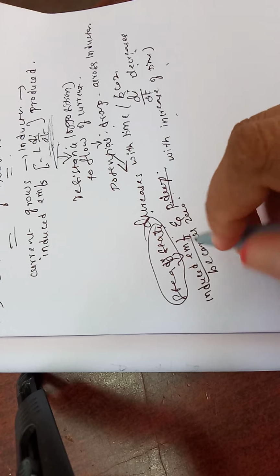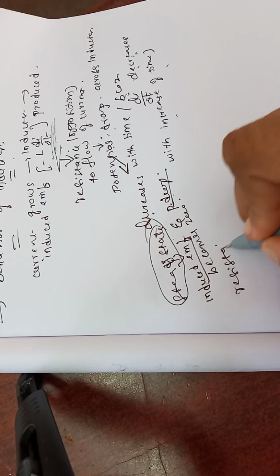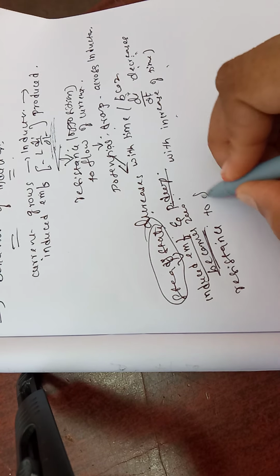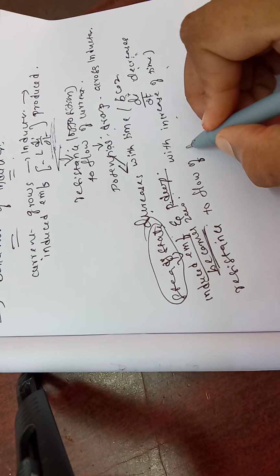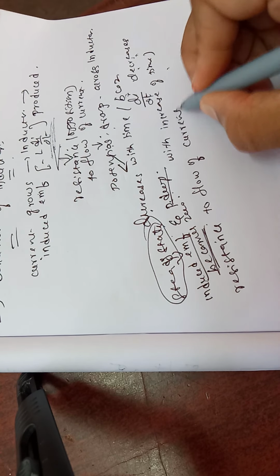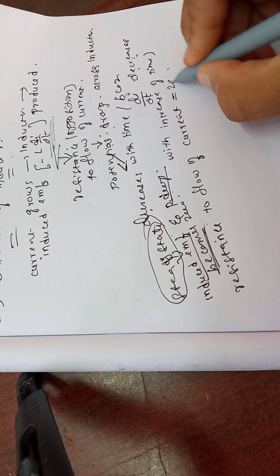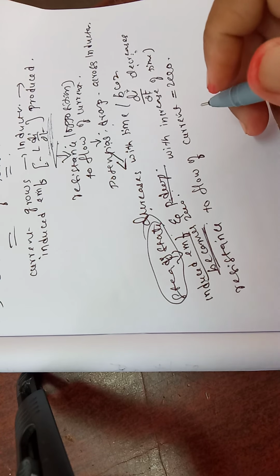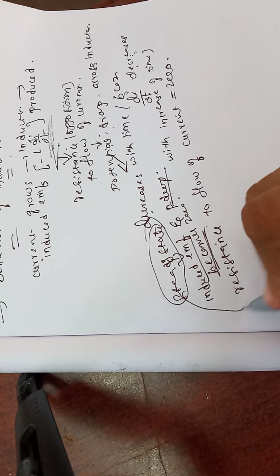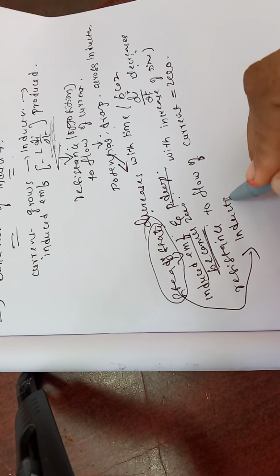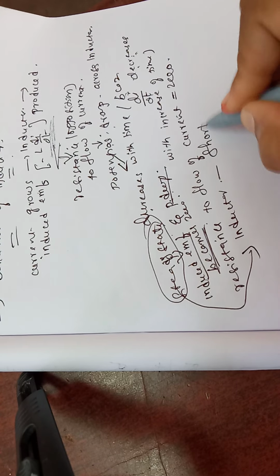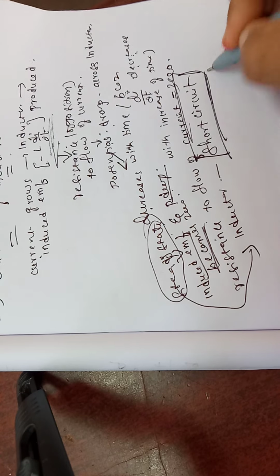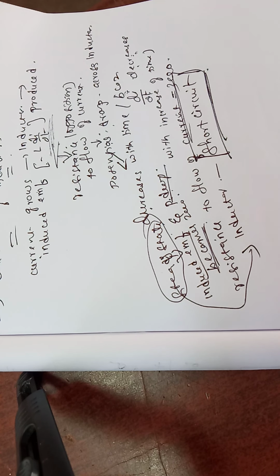Now, these both becoming zero means the resistance to flow of current becomes zero. Current is not having any resistance, which means in steady state the inductor is acting as a short circuit.